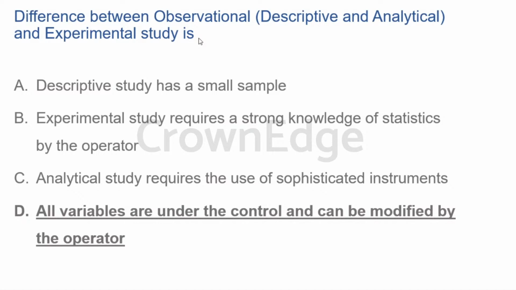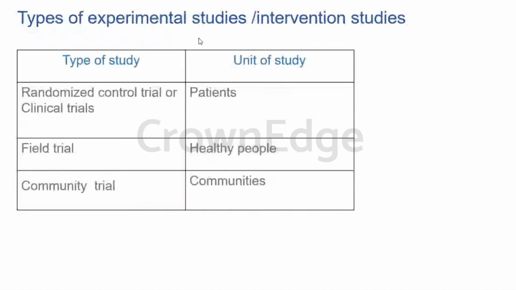No, descriptive studies do not have a small sample size, experimental studies do not require a strong knowledge of statistics, and analytical studies do not always require sophisticated instruments. So the answer here is that all the variables in an experimental study are under direct control and are modified or manipulated by the operator, researcher or investigator.